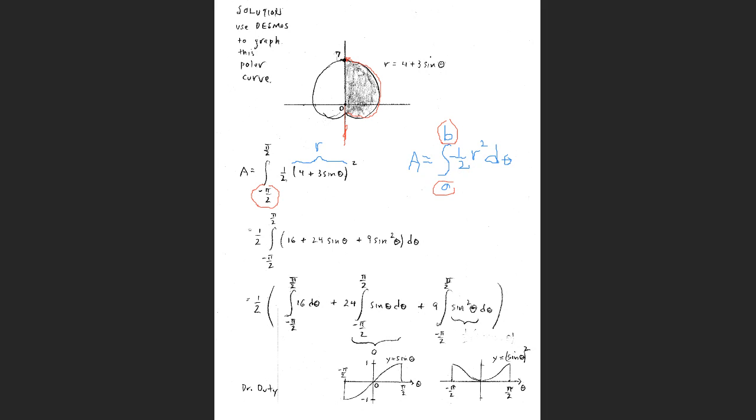And for that point, you're looking up 90 degrees, in the direction of 90 degrees for that radius. And so the ending angle was pi over 2. And so r was equal to 4 plus 3 sine theta. We square that, and we get this using FOIL, first outer inner last, for multiplying two binomials.